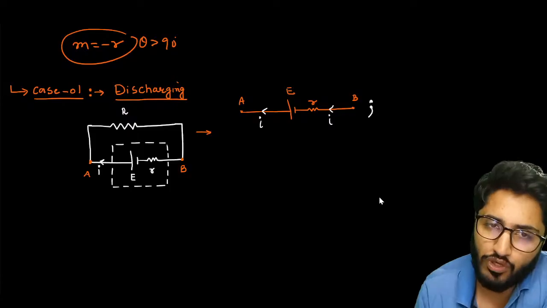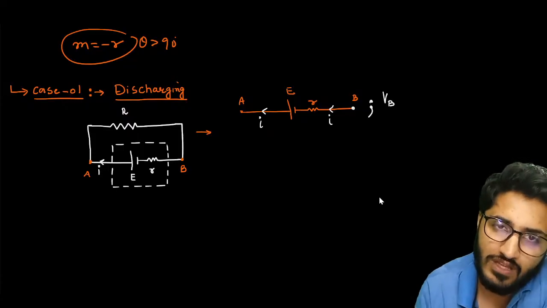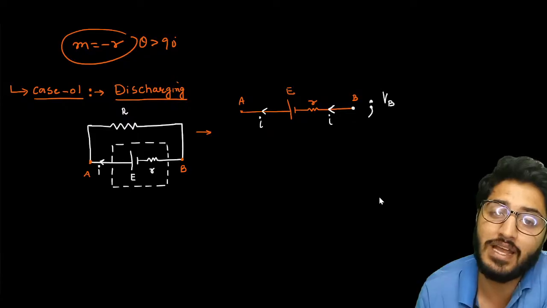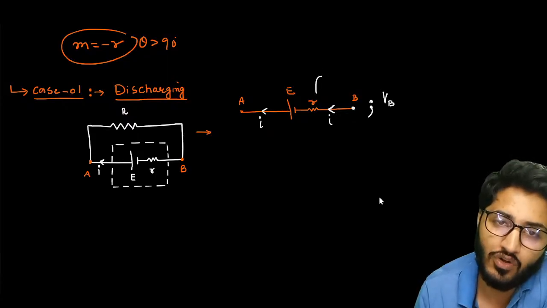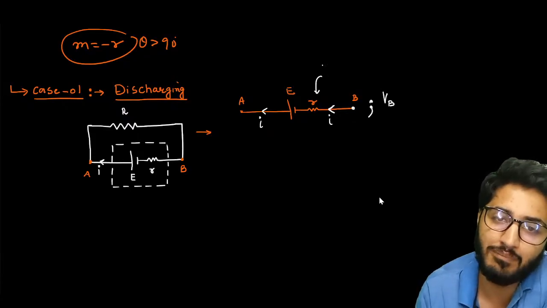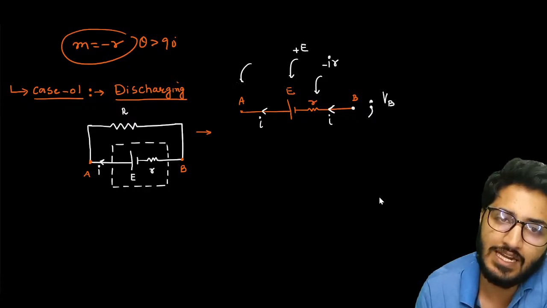Now use the potential. I will write the potential at B. We are going with the direction of current, so the potential across this r will be minus Ir, and the potential across this E will be plus E. The potential at A will be VA.